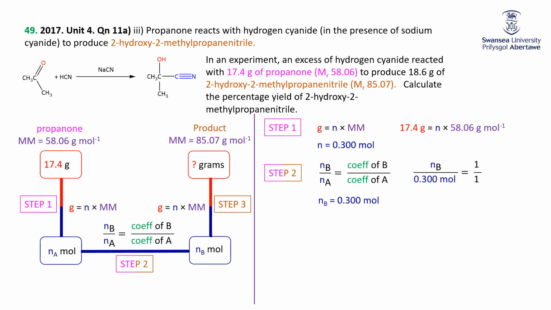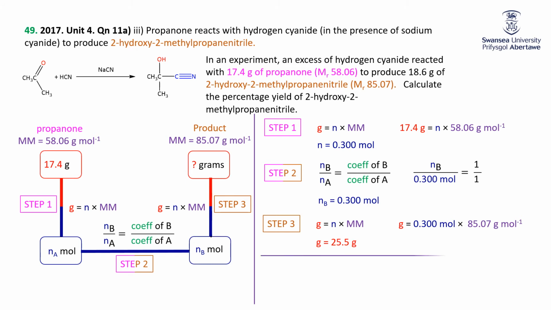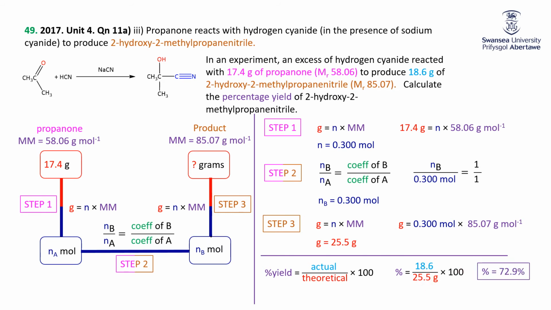So therefore, the moles of the product is 0.3 moles, which we can then convert to grams by multiplying by the molar mass, 25.5 grams. We want the percent yield. We're told our actual yield is 18.6 grams. So the percent yield, actual over theoretical, 18.6 over 25.5 times 100, which is 72.9%.